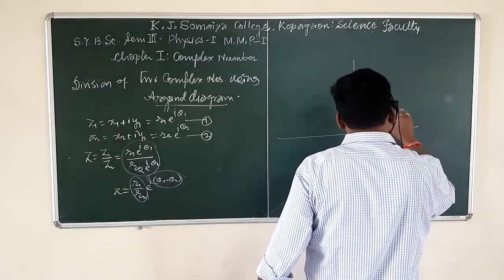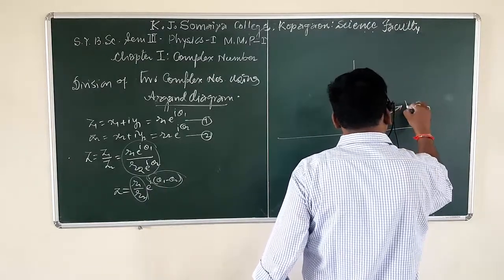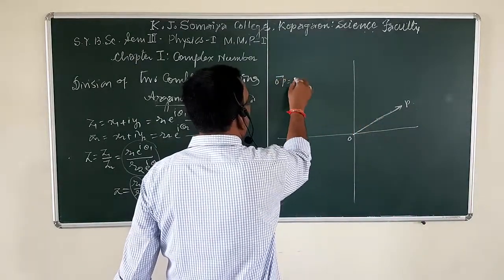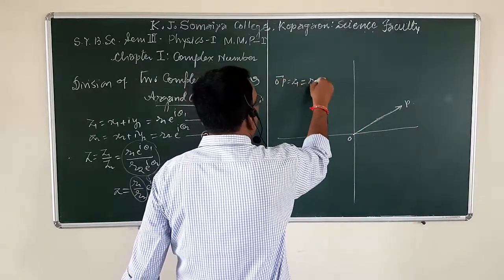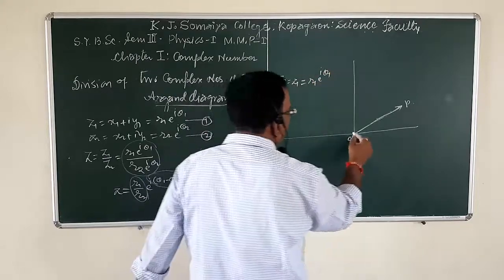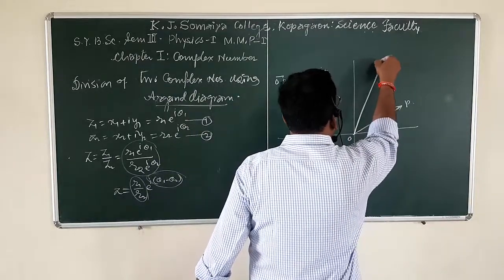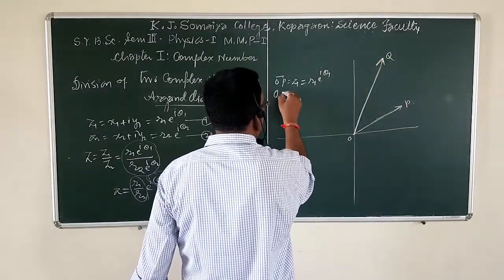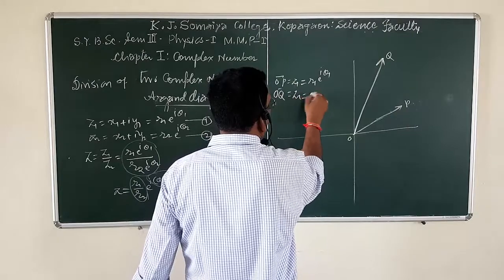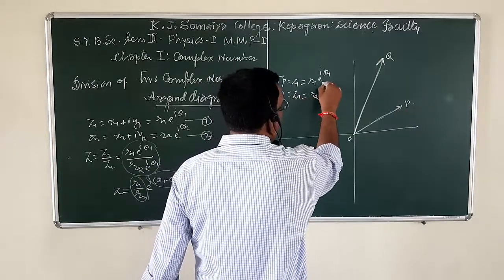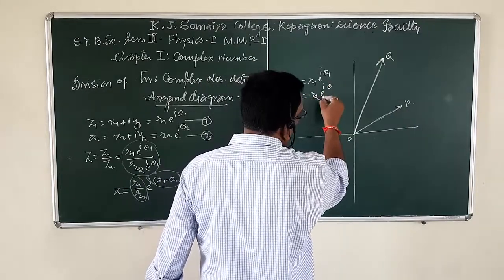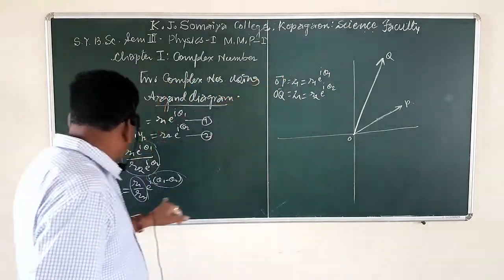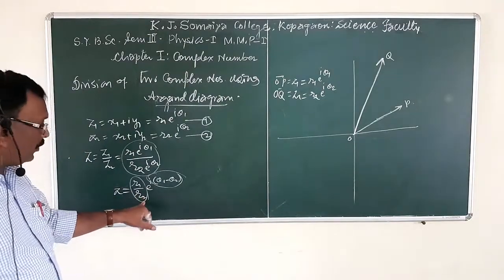Suppose this is vector OP. Vector OP represents the first complex number Z1 = r1 e^(i theta 1), and this is the second complex number, vector OQ, equal to Z2 = r2 e^(i theta 2). When we take the division of these two complex numbers, we get the result Z = r1 upon r2.